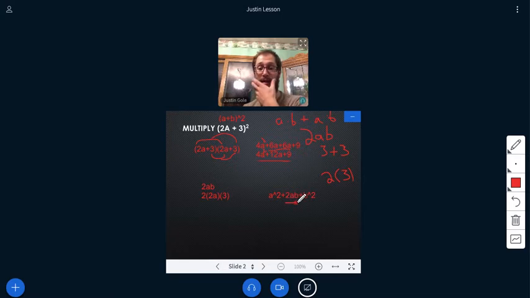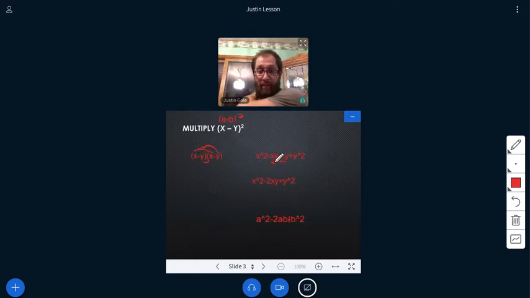So that's where we get this, because it's always going to be a times b, which is 6a, plus a times b. Here we got negative x times y and negative x times y. So that's a times b and a times b again. That's always in the middle. And then you always are going to multiply the first parts to get perfect squares as well.